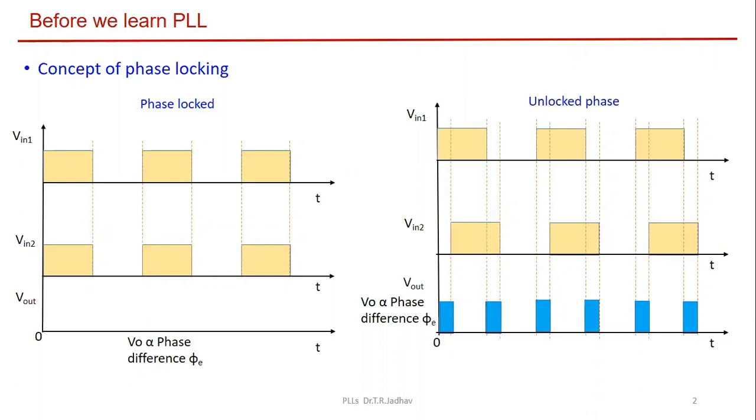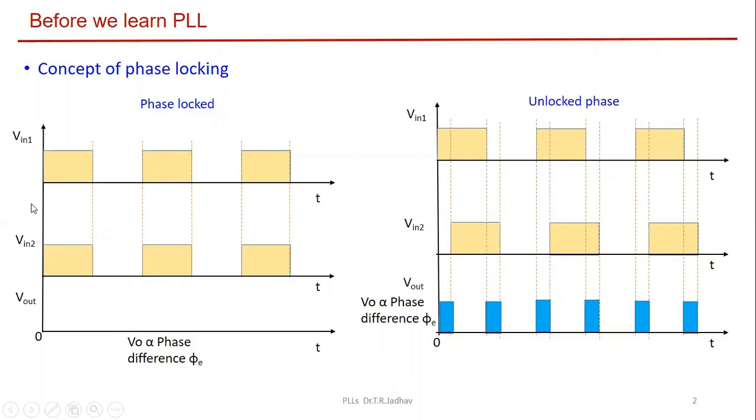Now in this slide, you can see two pictures. In the first picture, you can see the case of phase locked, whereas in the second picture, you can see that two signals are unlocked with respect to phase. So what's the concept?